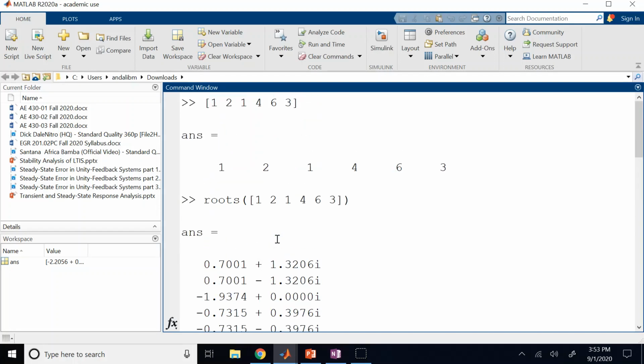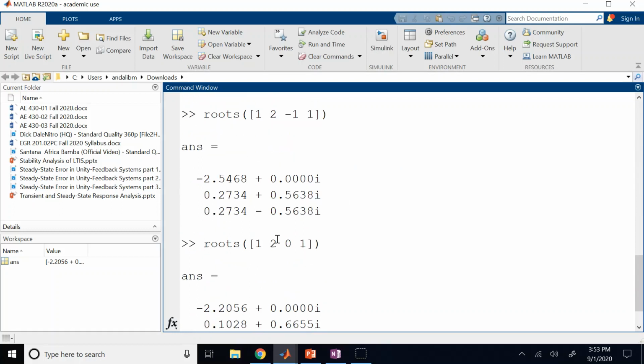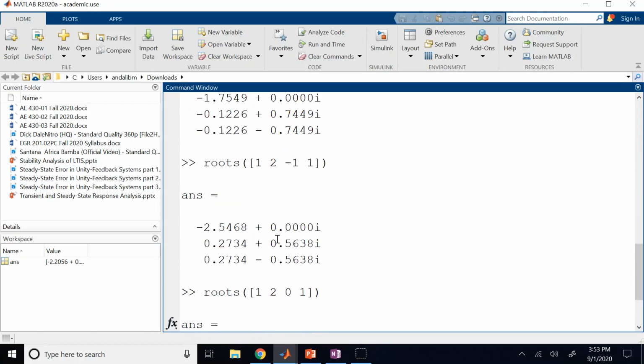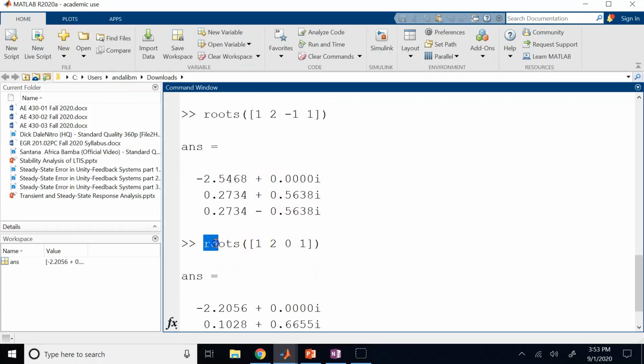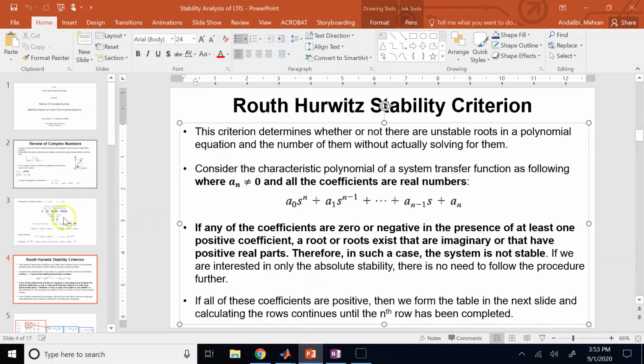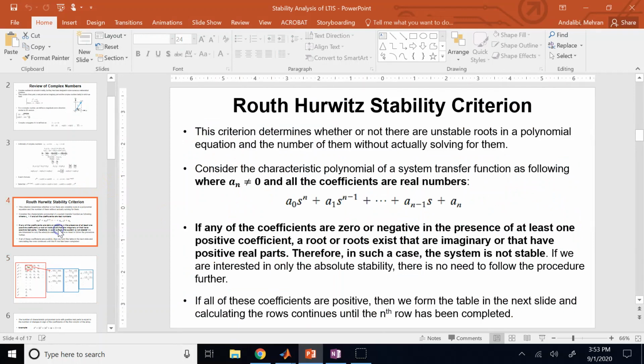And then before we even look at this method, you might wonder, why should I do that? What's the point? Why should I do such a thing, forming a table and looking at that table, when I simply can use the command roots in MATLAB, when I have the coefficients of this polynomial?